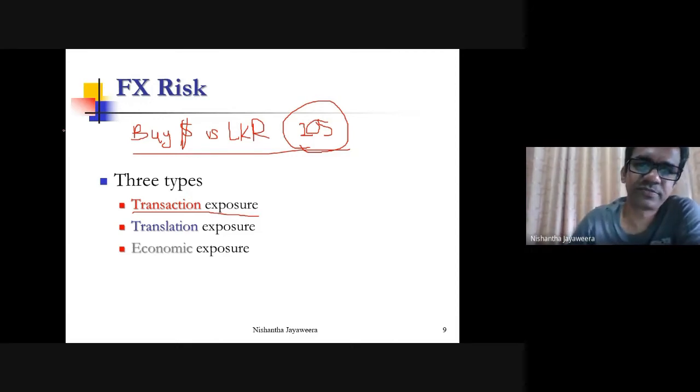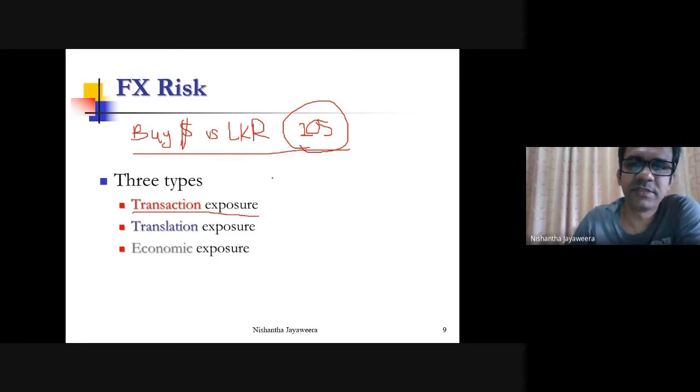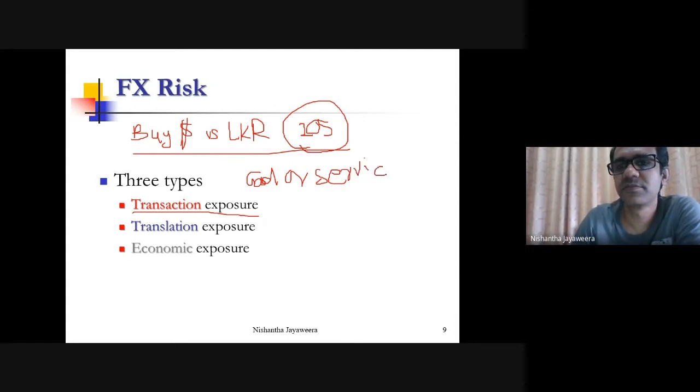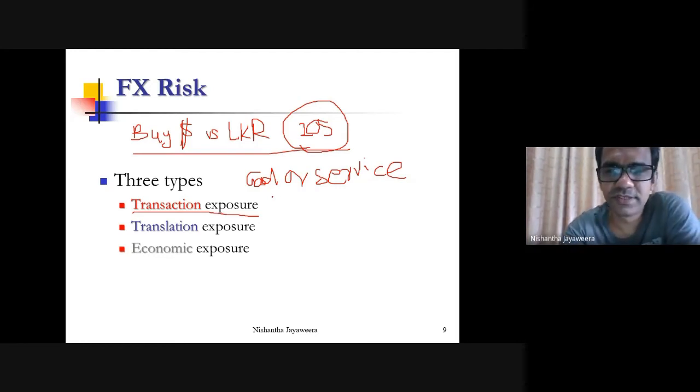But as I explained with an example, sometimes a good or service is priced in foreign currency. Then you will receive, or you have to pay, some amount of foreign currency.